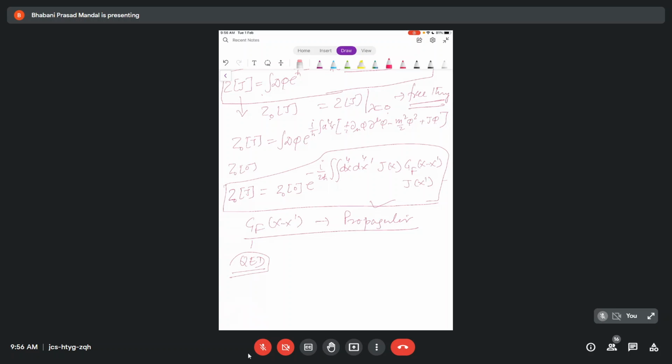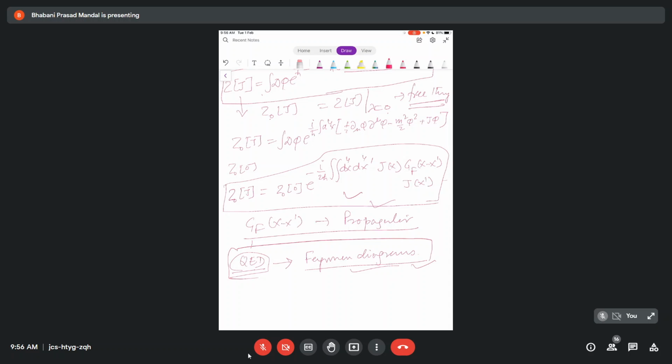So I'll give you a brief introduction to Feynman diagrams in quantum electrodynamics. First we'll derive this, then we'll give the Feynman diagrams. This is important to motivate you. Later these Feynman diagrams will be studied in detail, in a systematic way, when we start doing quantum electrodynamics, another field theory.